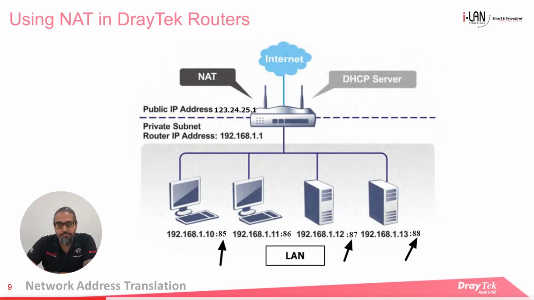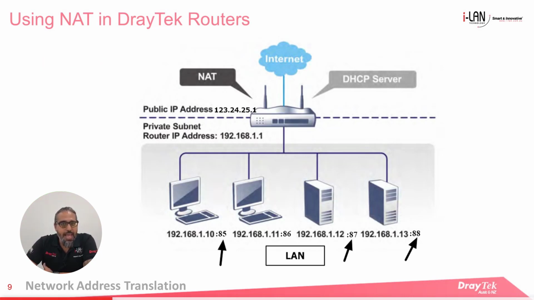So far so good, but what happens if we want specific traffic to be directed to a specific device on our LAN? How will the router know which device to send that traffic to? To get around this issue, we use what is known as ports. For each WAN IP address, there are 65,536 ports for TCP and the same for UDP.